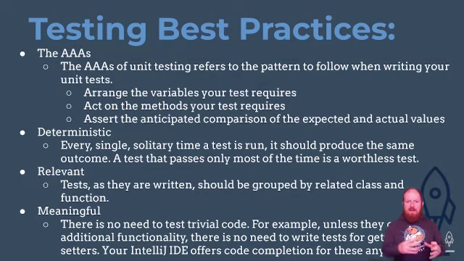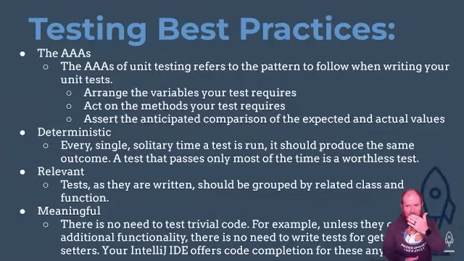But any custom method that you put inside of your class, you usually want to write a test for that. So you're going to act on your custom methods, and then you're going to assert the anticipated, like, here's what I expect out of it, and then you actually run the code and see if it compares to what you expect.